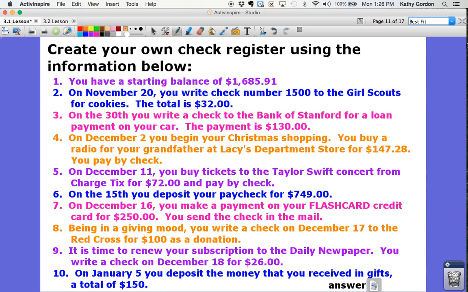You also put a check by the deposit that you made on December 15th, because that has cleared the bank. Okay, so go through and do that quick right now. Check those things off because that's what's on your statement.